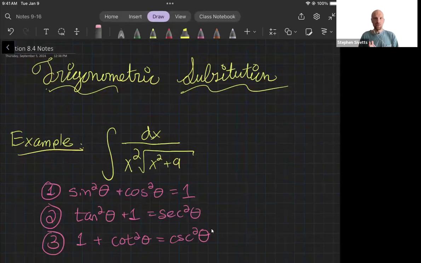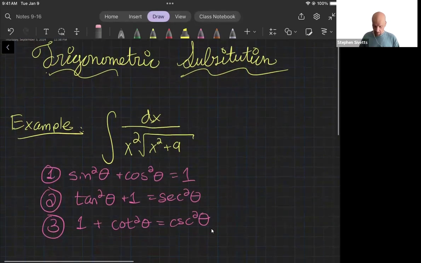So in this video, I'm going to look at a different technique for solving integrals. This involves using the Pythagorean identities to solve the integrals that we will see, like this example that I've written down here.